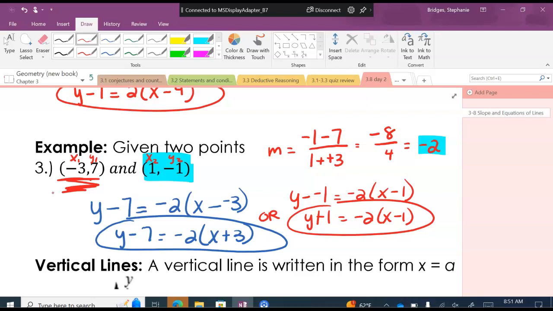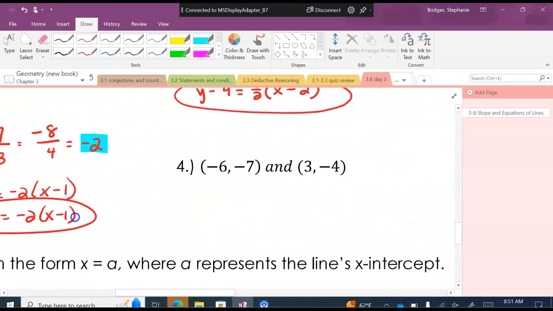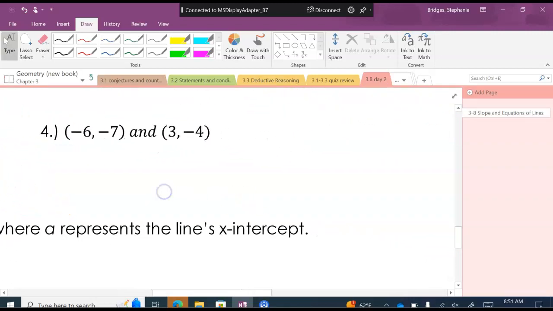Anybody have any questions there? All right, I want you to try number 4. Find the slope first. Label your points X1, Y1, X2, Y2. Go ahead and find your slope, and then write your equation.